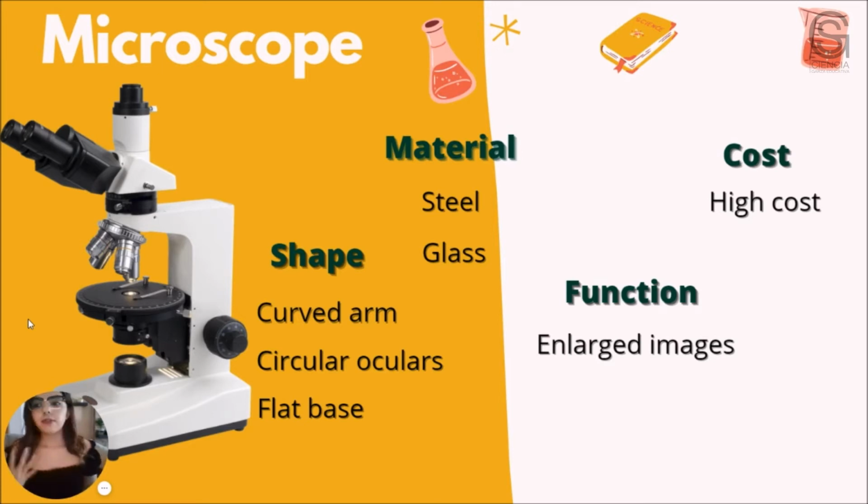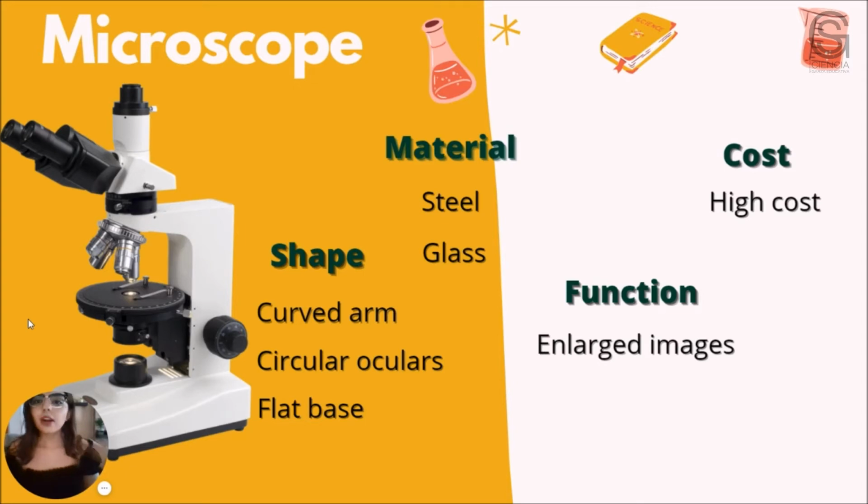And then finally, its cost will be high because it's an object that is only used for laboratory purposes, okay? So as a summary of this description, a microscope is made of steel and glass. It has a curved arm, circular oculars, and a flat base. Its main function is to enlarge images, and it is high cost, okay?